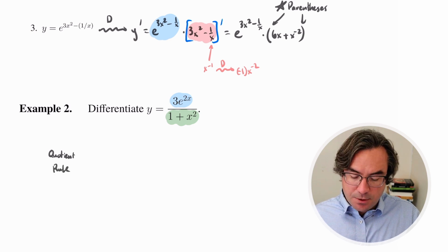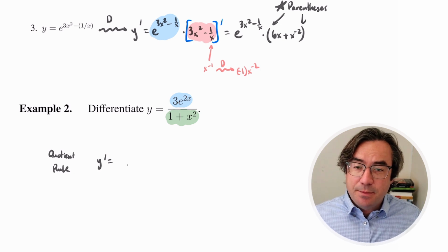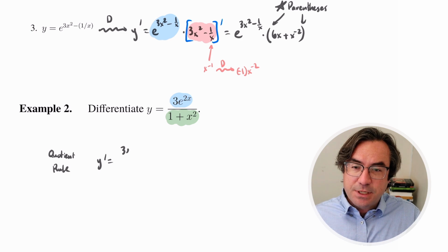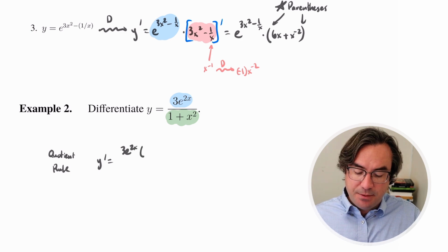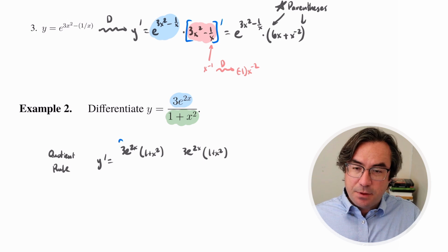All right. So again, let's call our derivative y prime. And the way we implement quotient rule is we write down our quotient as a product. So top function times the bottom function. And then we just do 2 copies of that. And then in the first copy, we apply the derivative to the first part.